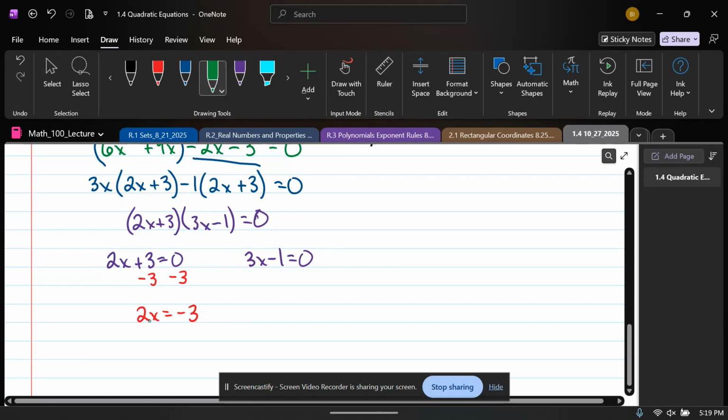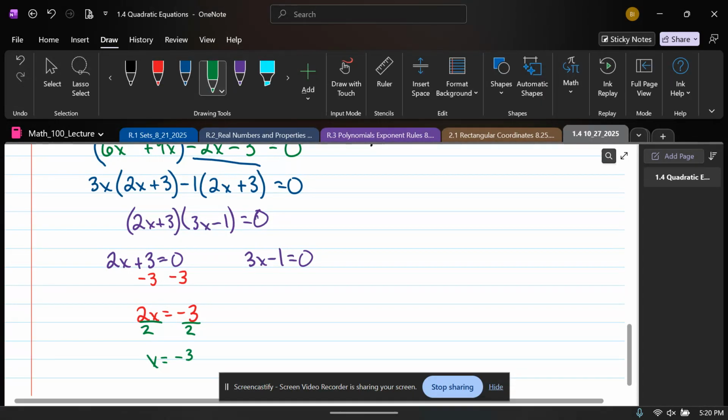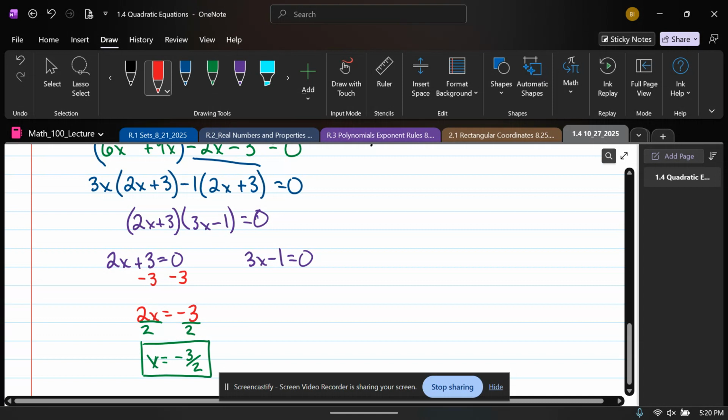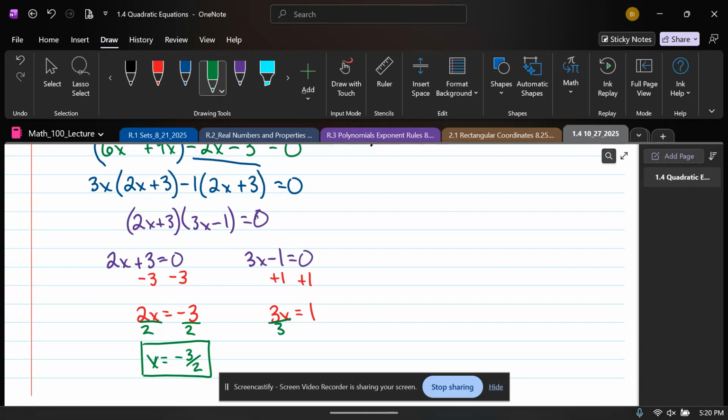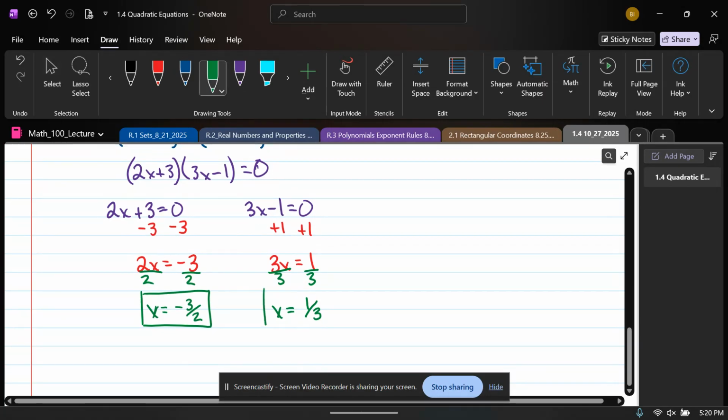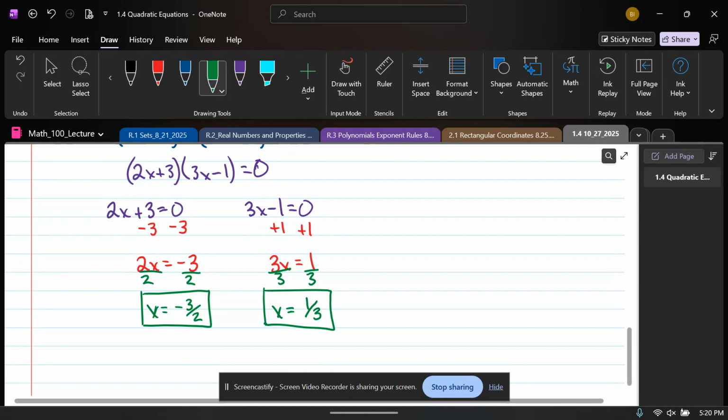And then the last step, I would divide by 2. And that's negative 3 over 2. The other one, I'm going to add 1 and then divide by 3. I have 1/3. So those are my two answers for solving that by factoring.